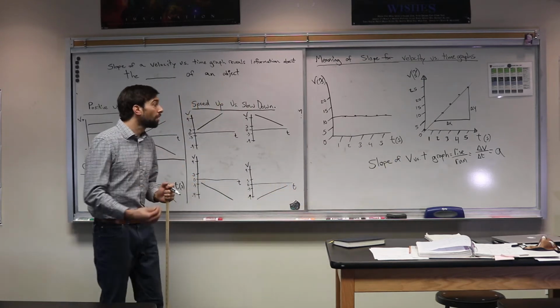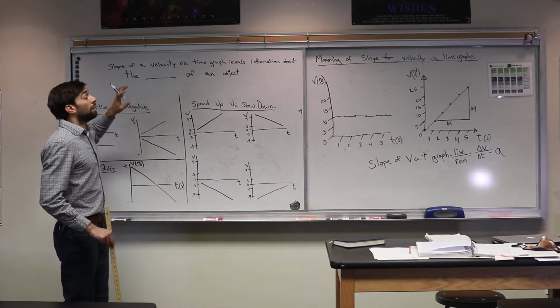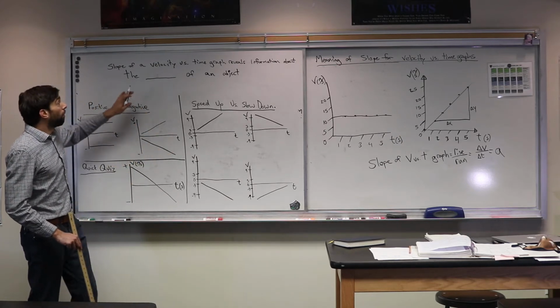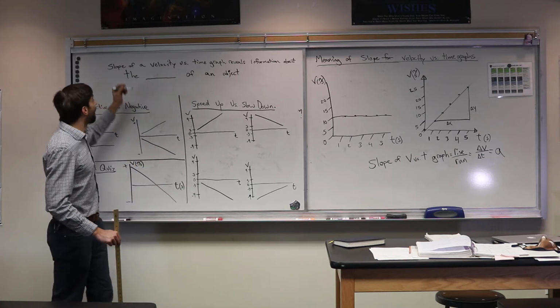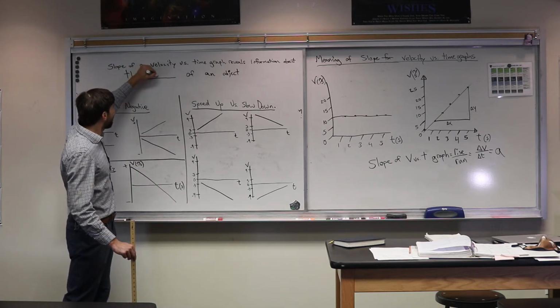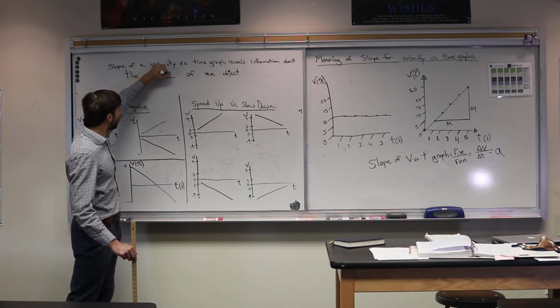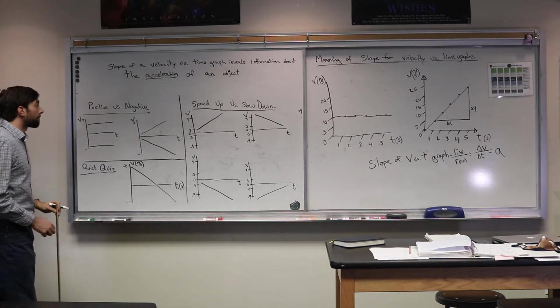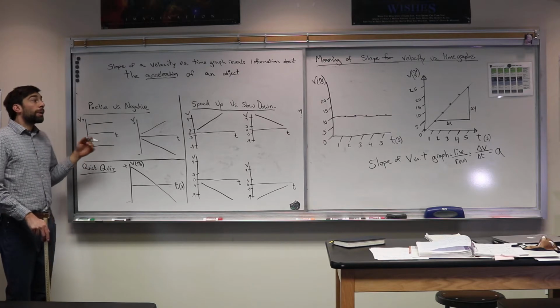And so the slope of a velocity versus time graph is, in fact, or reveals information about the acceleration of an object.